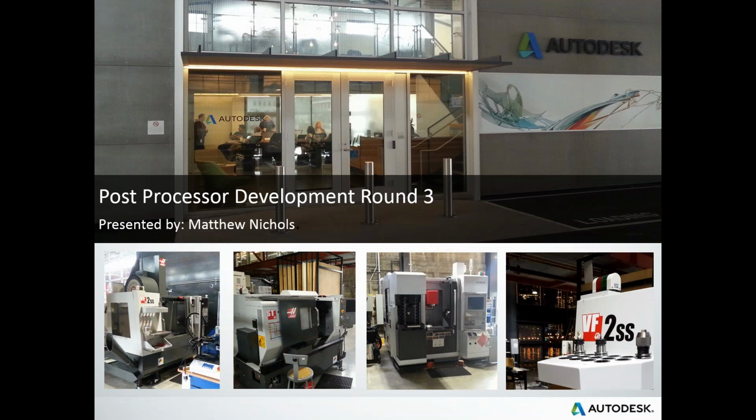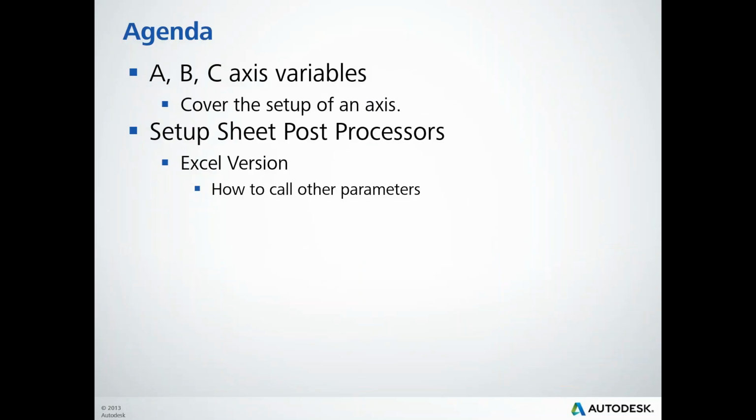Thanks, everybody, for joining in again today. For today's session, there's only a couple of things that I've got on the agenda. I do want to cover one of the last items on the actual mill or turning post, doing the A, B, C axes and how we can set those up.